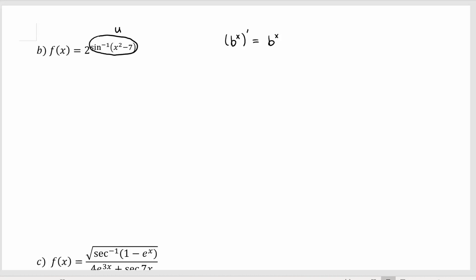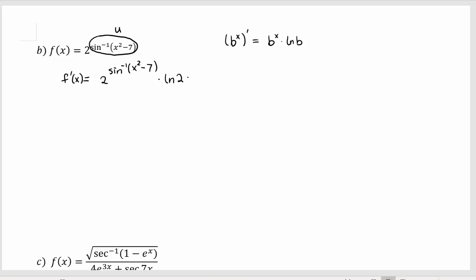Father looks like the son, but father has the mustache, and here we have a fancy mustache, ln of b, right? So in this case, what is b? Yes, b is 2. So f prime of x is 2 to the u times ln of 2.